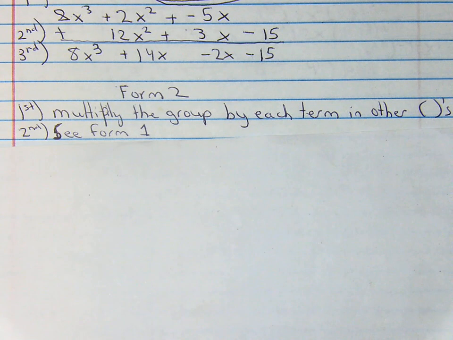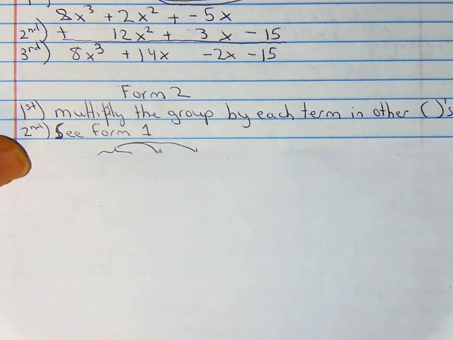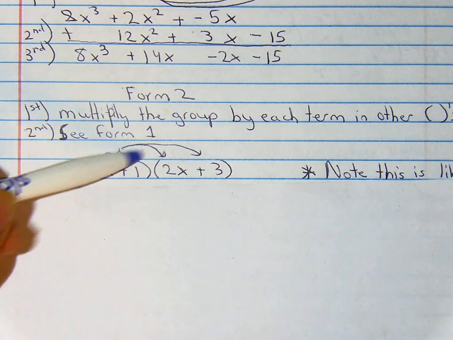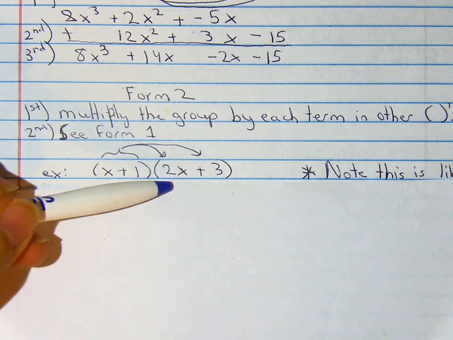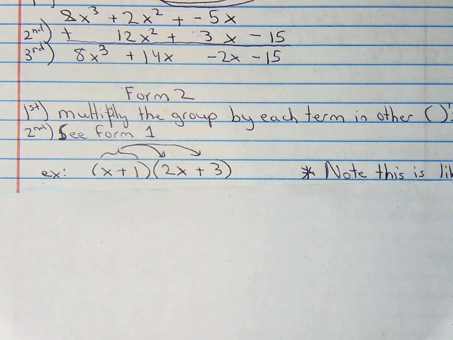So second, you'll basically repeat what's in form 1, you'll multiply each term, and then combine like terms and put in standard form. So this example, instead of doing the individuals by each individuals in here, you are instead taking the entire group of one parentheses and basically distributing it or multiplying it to then each term in the other set of parentheses.